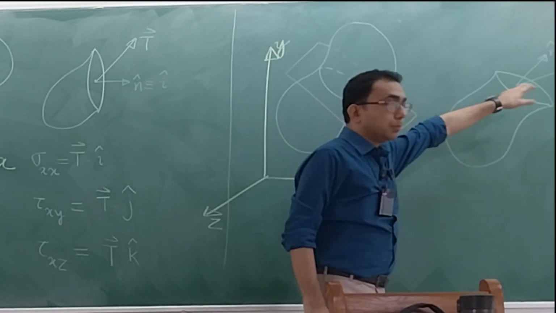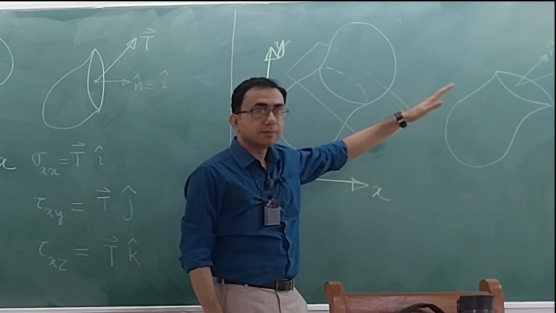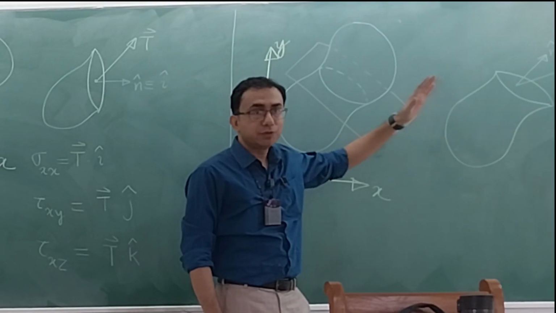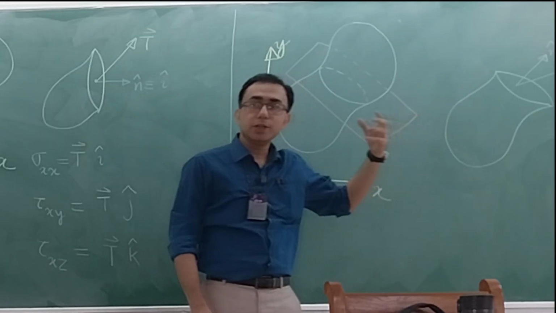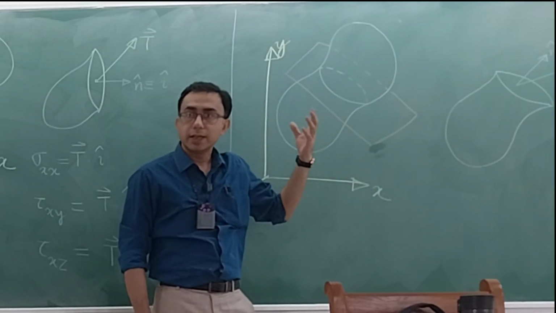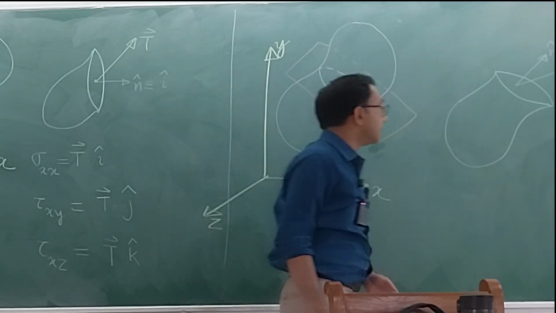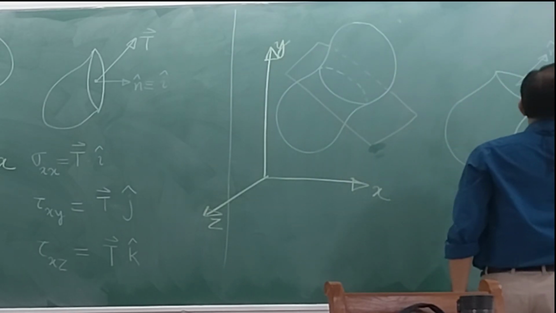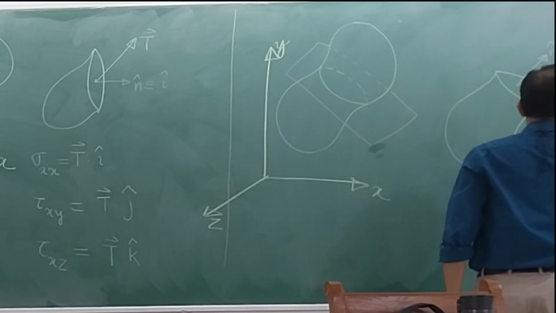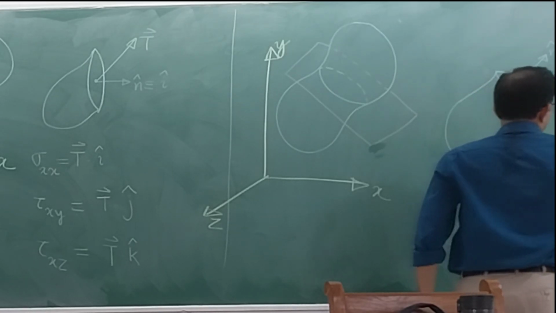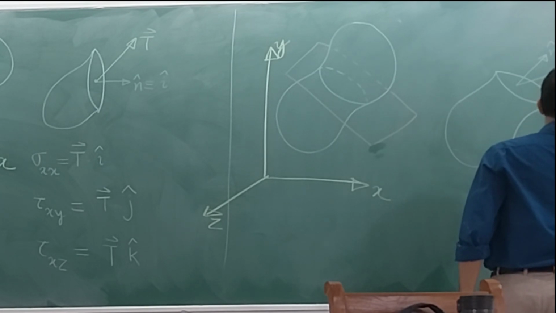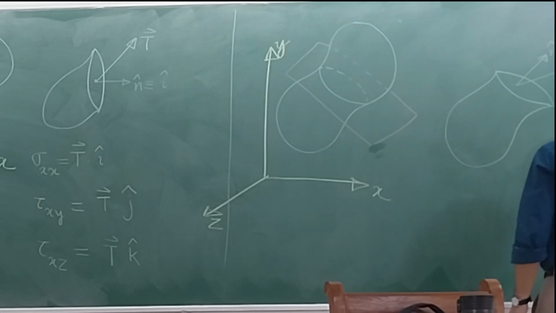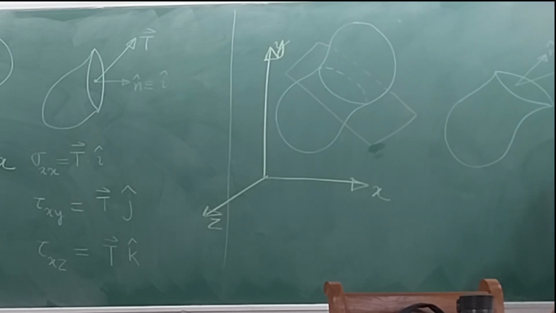Now see, I can decompose this traction vector in two different ways. These are the absolute fundamentals. If you get this in your head, later on many of the intricate derivations that we are going to do will be much easier for you. So the decomposition of traction vector can be done in two ways. First of all, this is Tx I hat plus Ty j hat plus Tz k hat.